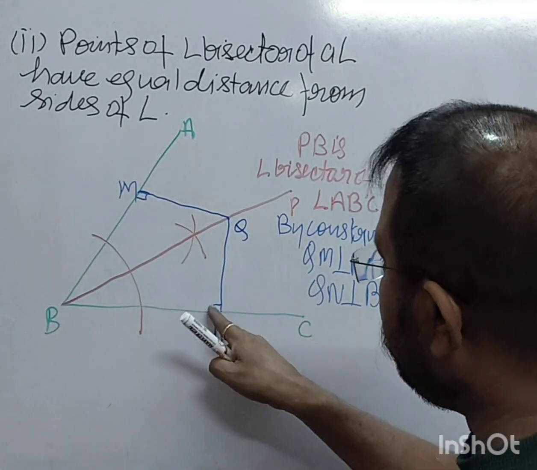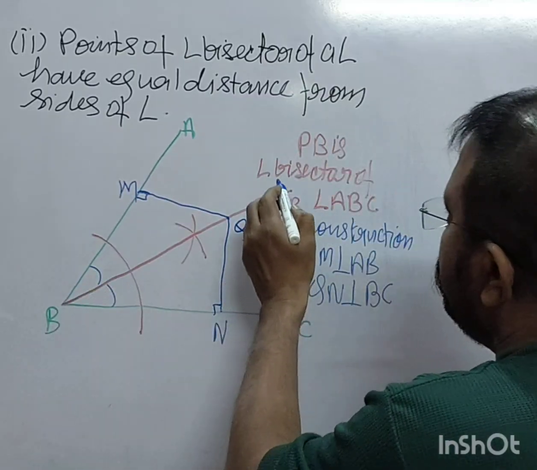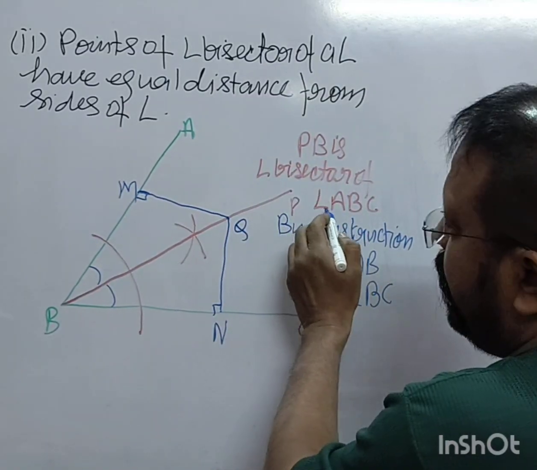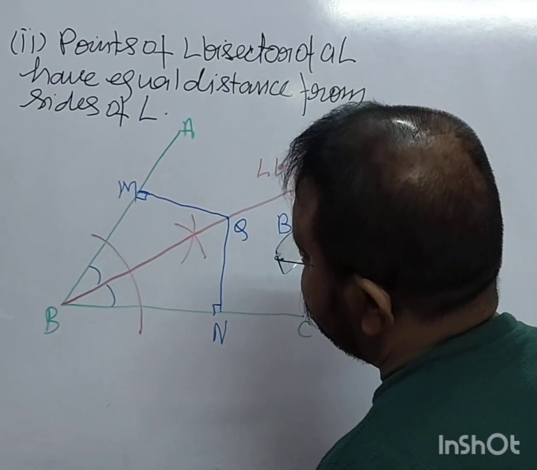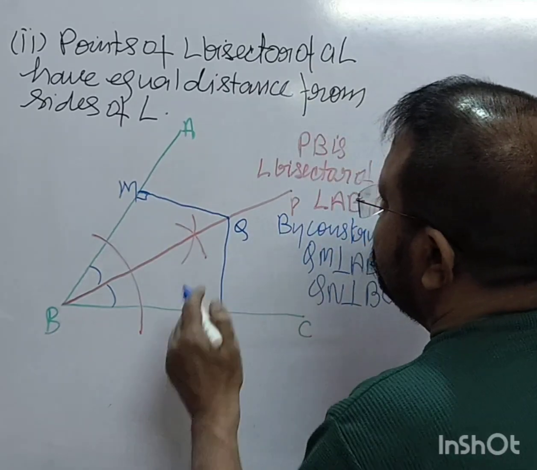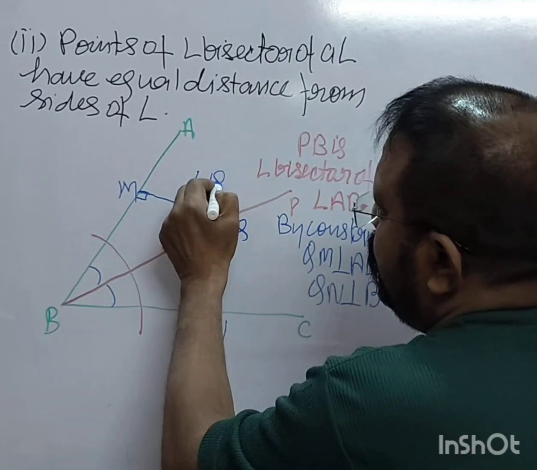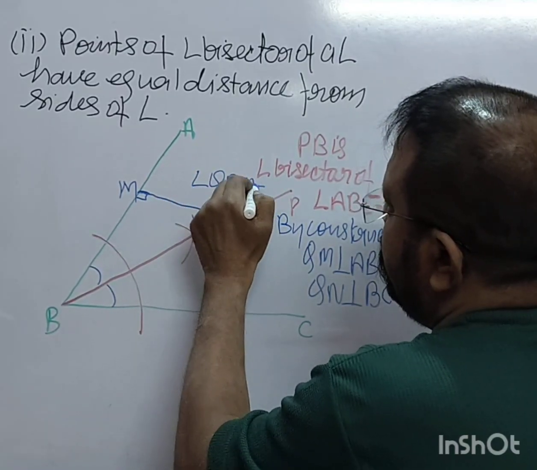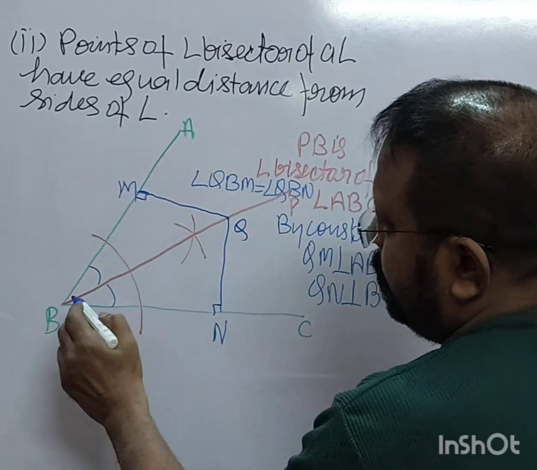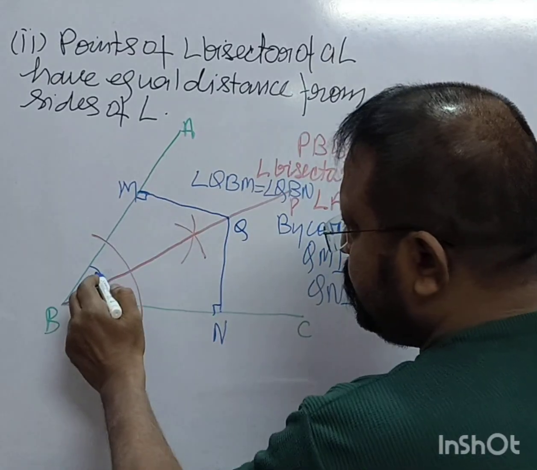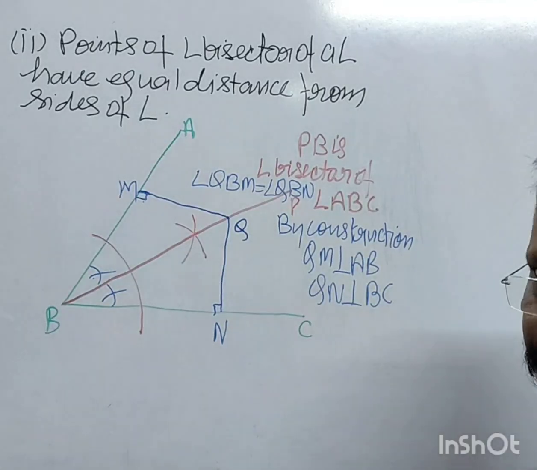They are 90 degrees, and these two angles are equal because PB is the angle bisector of angle ABC. It means angle QBM is equal to angle QBN. These two angles are equal. These angles are 90 degrees.